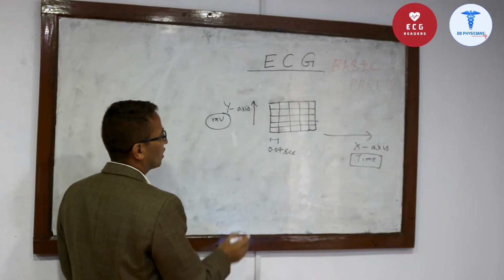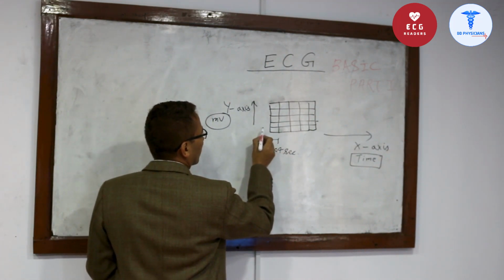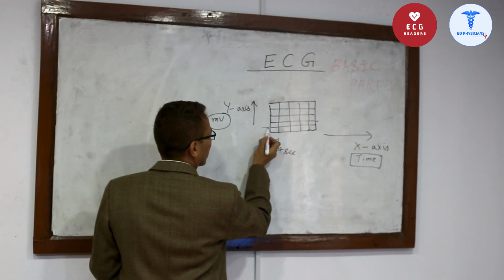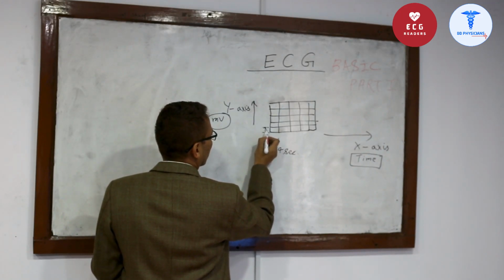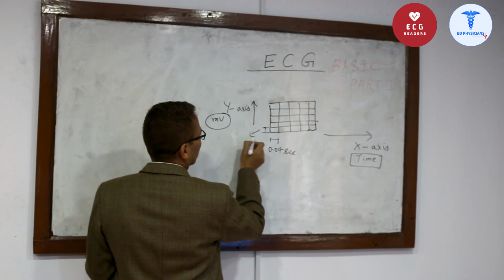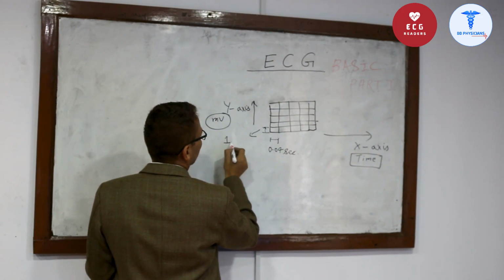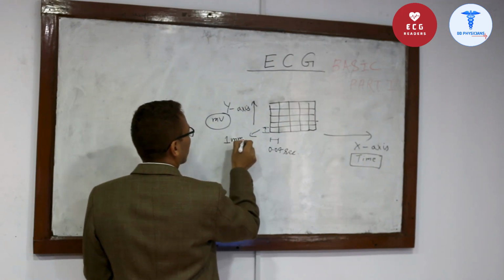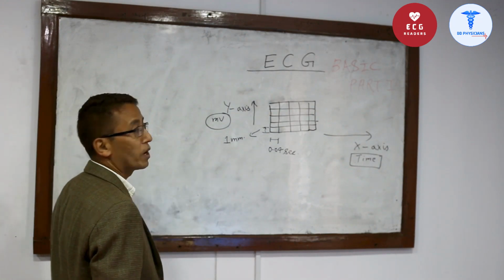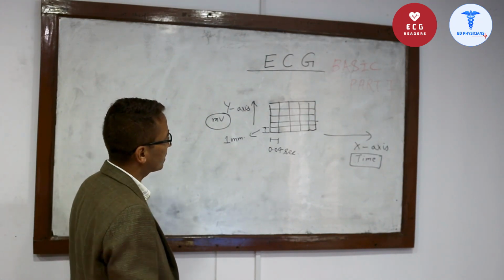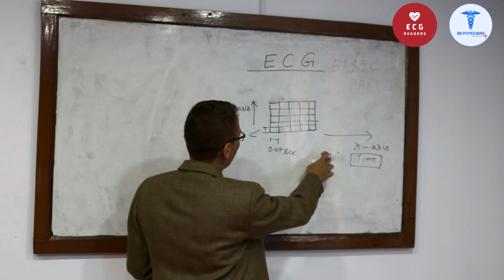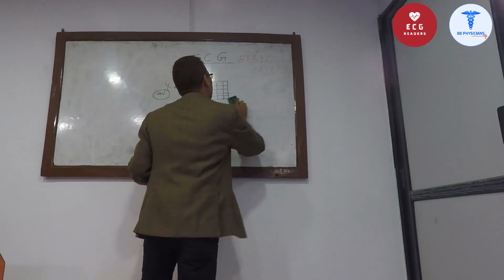And one small square in the y-axis represents 1 millimeter or 0.1 millivolt. So this is the calibration in the x-axis and y-axis.